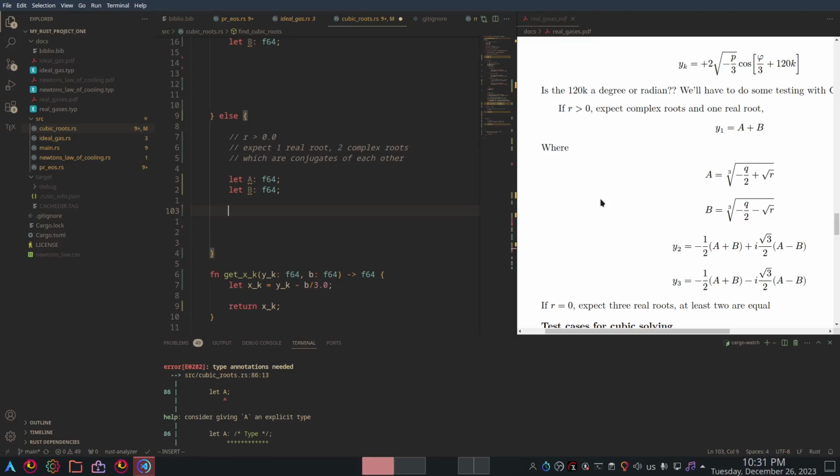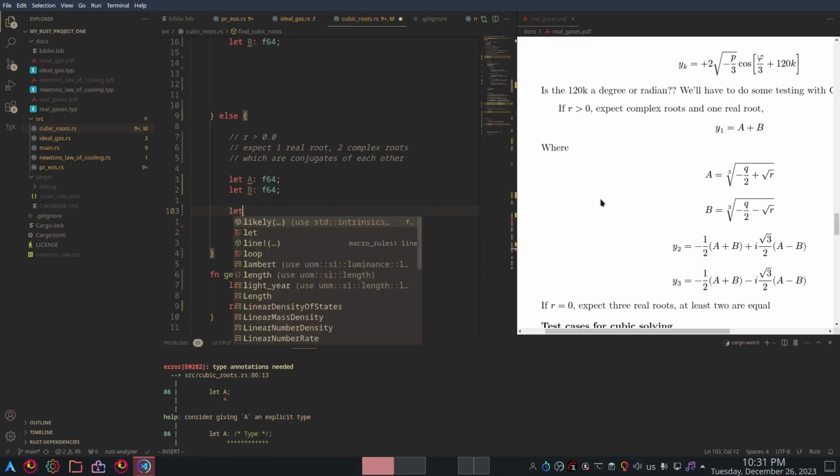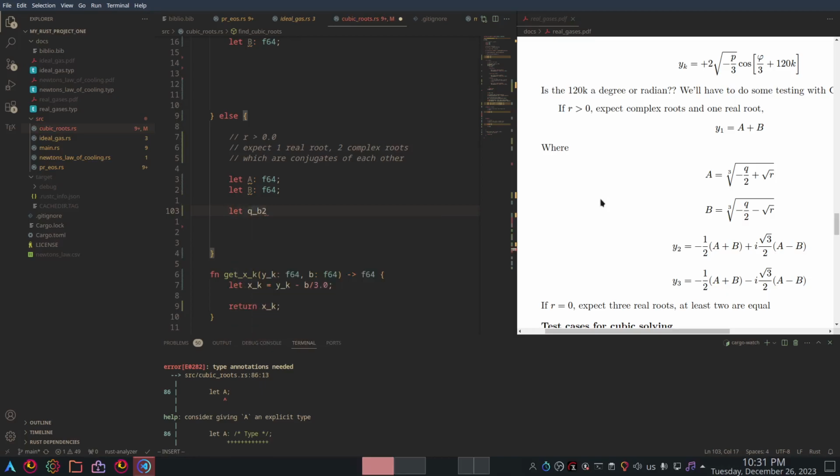Alright, so let's see. Let q by 2 equals to minus q by 2. Yeah, this is a bit of a cumbersome way to do it, but I'm just doing it like that. Okay, q by 2.0. Let minus q by 2 is this. This should be F64. So we have the minus q by 2, then we have a plus r and minus r.